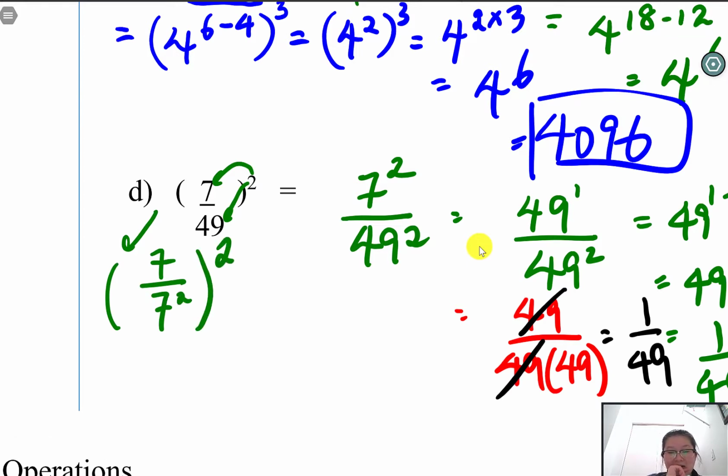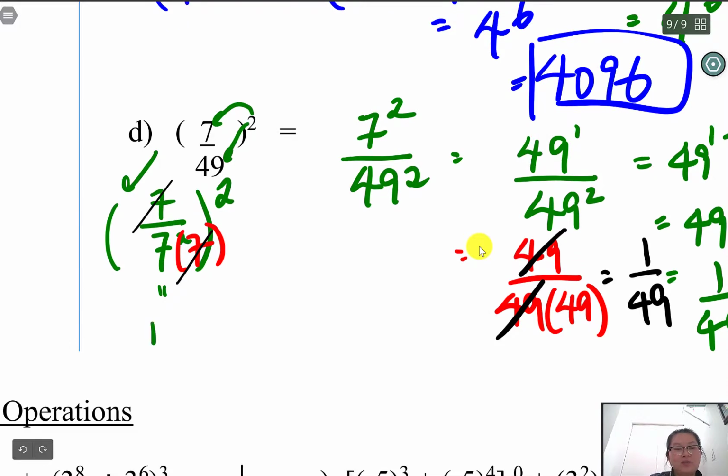Aha! And in this case, we can even simplify this. We know that 7 over 7 to the power of 2 means I essentially have 2 7s on the bottom multiplying one another, right? Because it looks like this. And because of that, I can actually cancel 1 7 on the top and 1 7 on the bottom, and that's going to give me 1 over 7 in brackets raised to the power of 2.